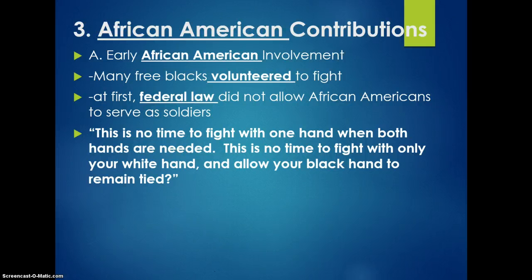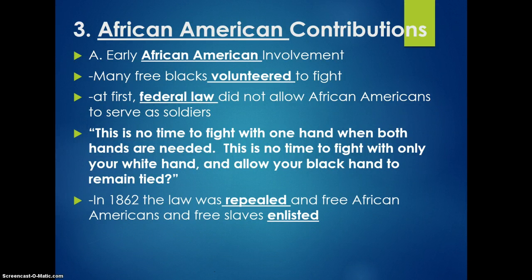This is no time to fight with only your white hand and allow your black hand to remain tied. So it's going to take not just the effort of white soldiers, but also the effort of free African Americans who can contribute to the war. And we're going to look at the 54th Regiment to show how this impacted the war.